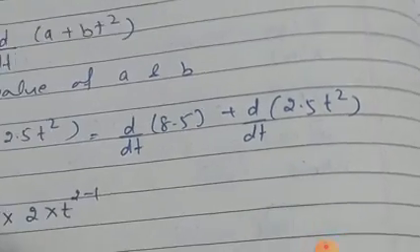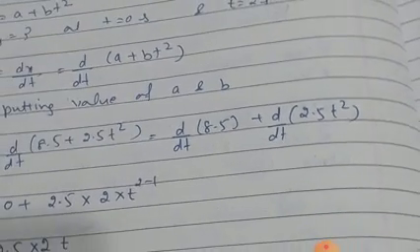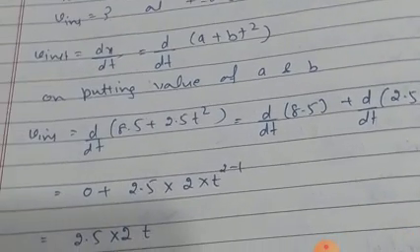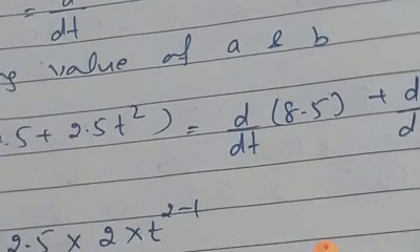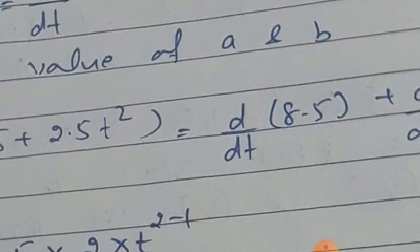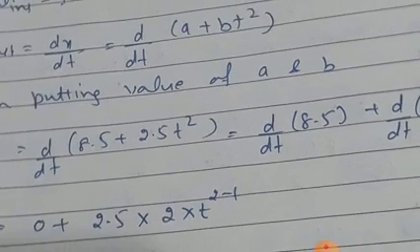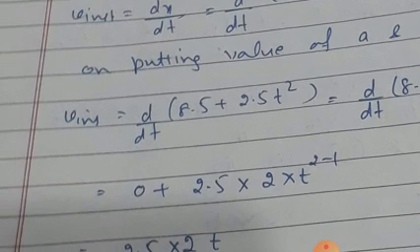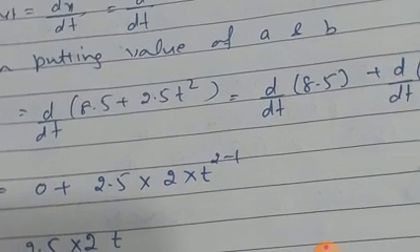So we'll solve these two terms separately. For the first term, d/dt of 8.5, 8.5 is a constant value, a number, not a function of time. So the derivative of a constant term is equal to 0, that is why I have written 0 here.